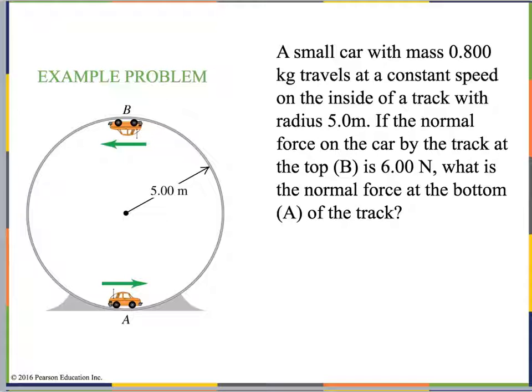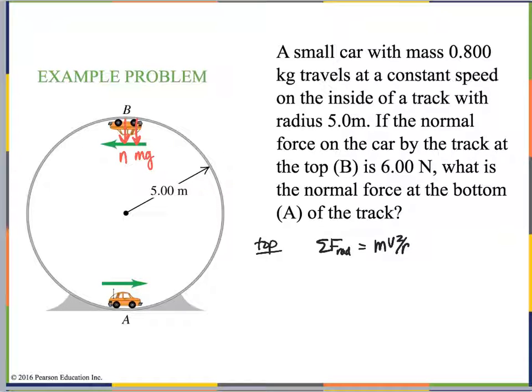So the first thing we're going to do is look at the top, and identify our forces. We have a normal force, and we have gravity. So those are two forces acting on the car at the top. And so we're looking at the forces in the radial direction, and that's mv squared over r.